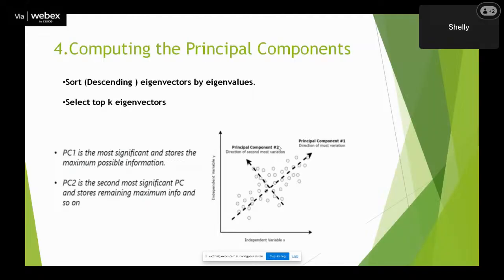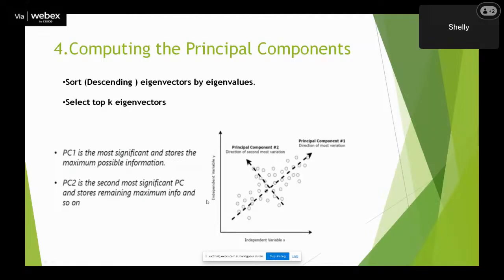The principal component 1 is the most significant and stores the maximum possible information, right? Similarly, principal component 2 is the second most significant principal component and stores the remaining maximum information, and so on. Similarly, principal component 3 is the third most significant principal component that stores the remaining maximum information, and so on.